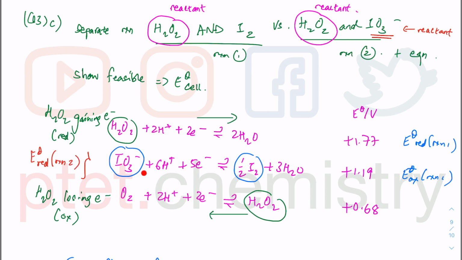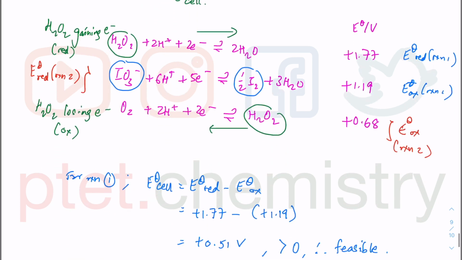And if this undergoes reduction, then I'm looking for the H2O2 undergoing oxidation. So I can't choose this one because the H2O2 undergoes reduction. I have to use this one as my E-ox, reaction 2, because here the H2O2 undergoes oxidation since the IO3 minus undergoes reduction. So it's about choosing the right partner.